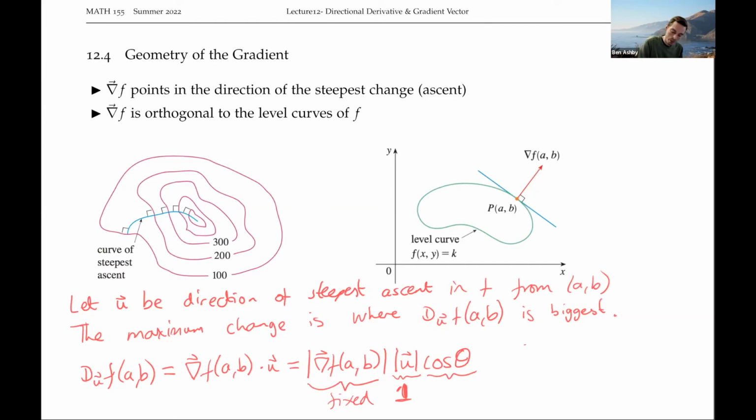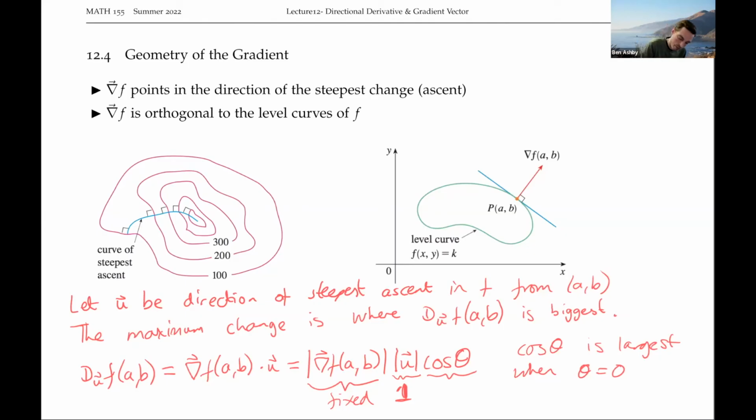And so cos theta is largest when theta is equal to 0. When cos theta is equal to 1, or theta is equal to 0, our directional derivative is going to be largest. So this means that our directional derivative is maximized when u is in the same direction as our gradient vector.